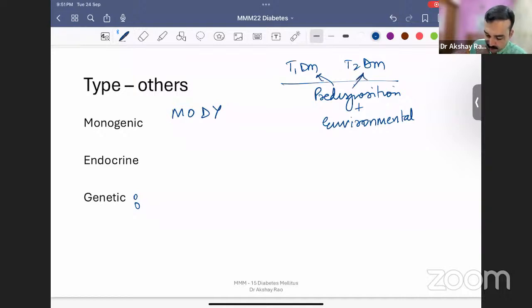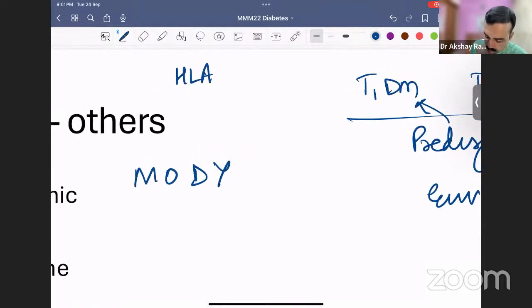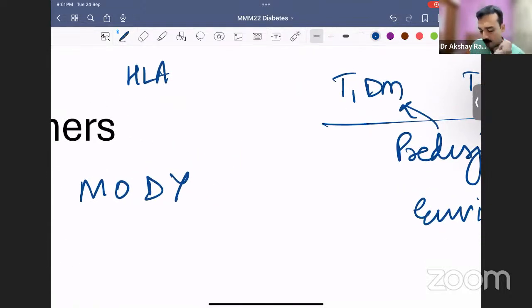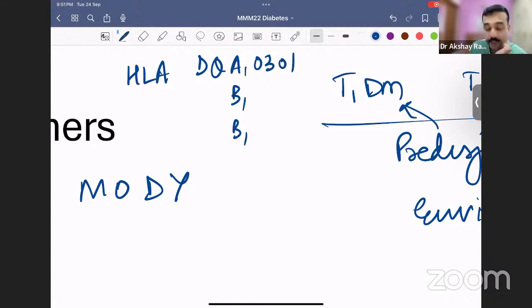So type 1 diabetes, there are certain HLA associations, okay? Certain HLA associations of type 1 diabetes. Like for example, HLA DQA1, there is B1. In that also, there is 0301 DQA1. So HLA DQA1 0301, DQB1 0302, and 0201.